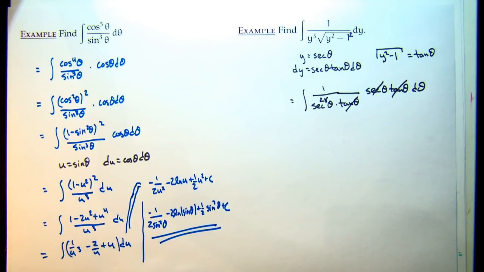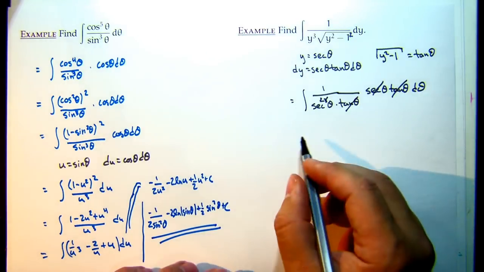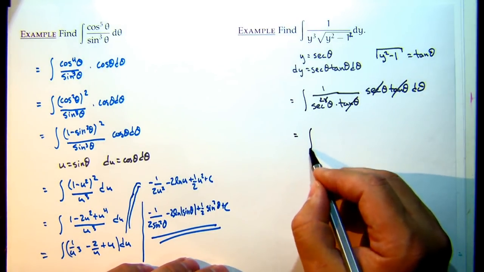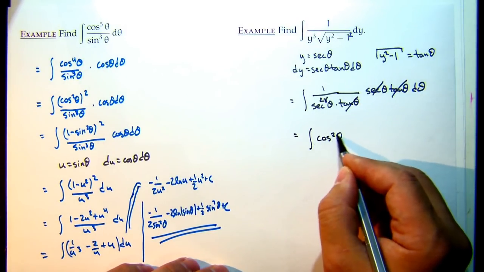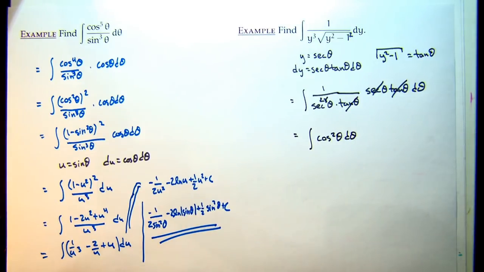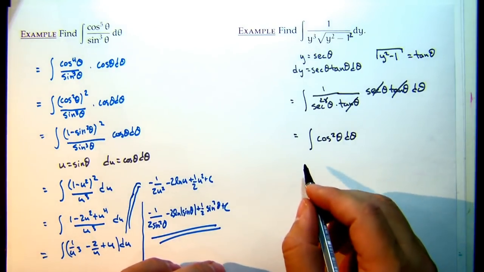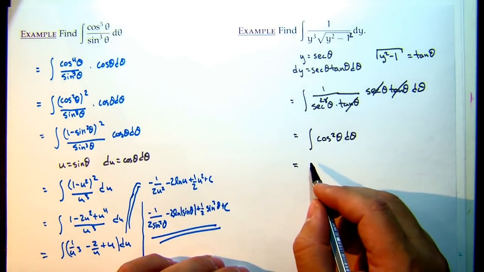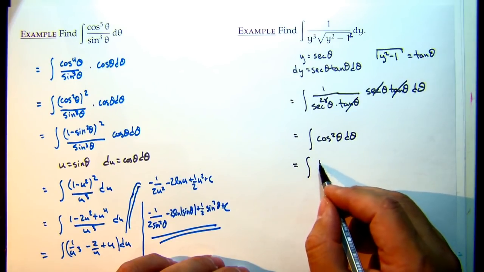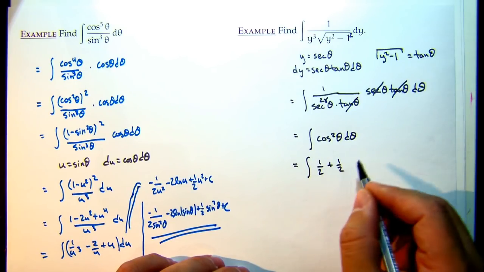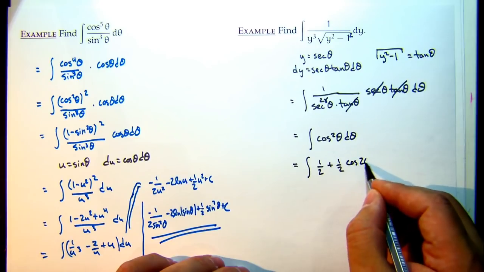Well, 1 over secant squared is what? It's cosine squared. Now, I don't know how to integrate cosine squared. It's messy. So the way I integrate cosine squared is to use a trig identity, because there's always a trig identity, and it's one of the ones we should know. So cosine squared is the same as 1/2 plus 1/2 cosine 2 theta.